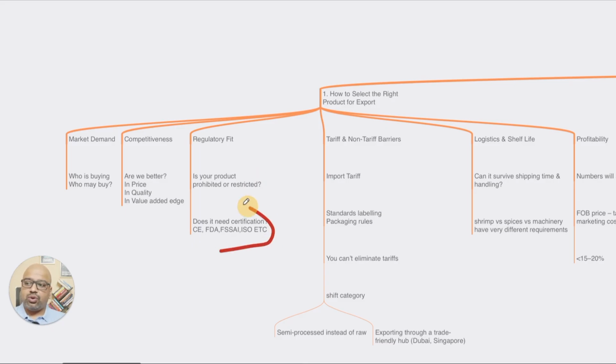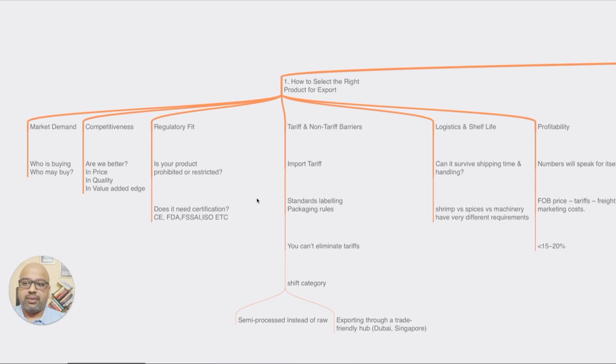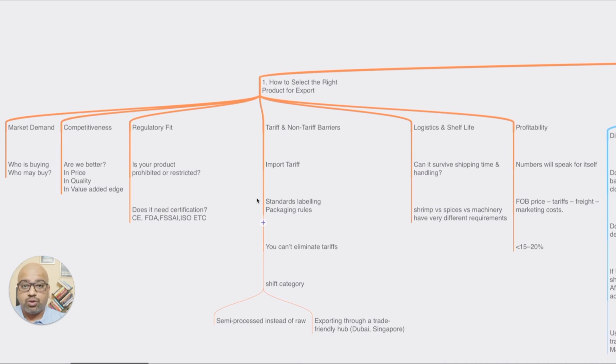Then you need to look at what extra certifications you need. It depends on the product: FDA, FSSAI, ISO, etc. It depends on exactly what standards you are dealing in, and if there is a demand in the global market, you need to understand which market you are pitching, and based on the market, what certifications are needed. There is a set of documents you need in Indian markets, that's for sure.